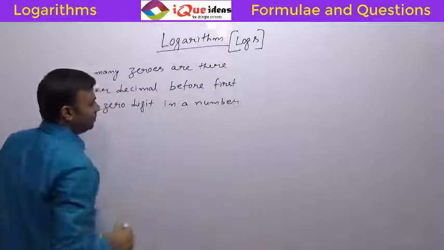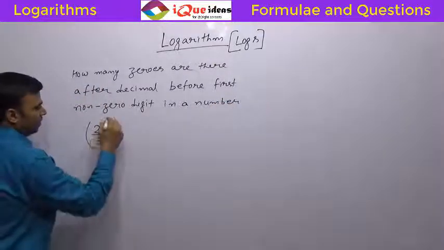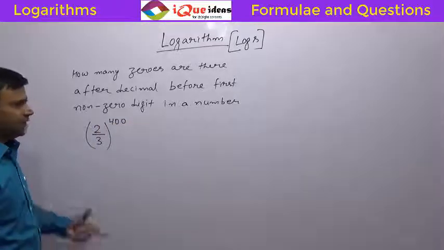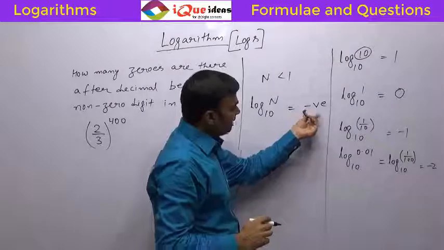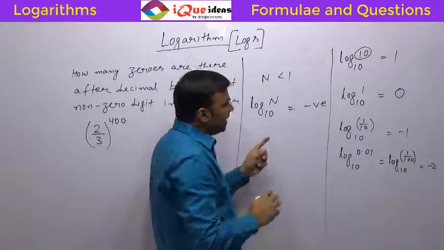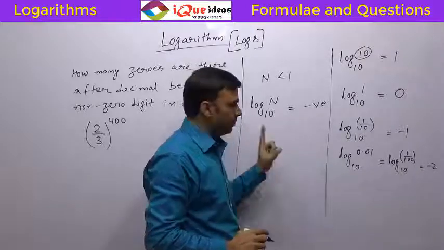Let's take an example. Let's say we have 2 by 3 raised to the power 400. Alright, so what do we do in this? First I'll give you the theoretical aspect. Just make sure that the log is calculated correctly and you take the integer part of that number. Just the integer part.